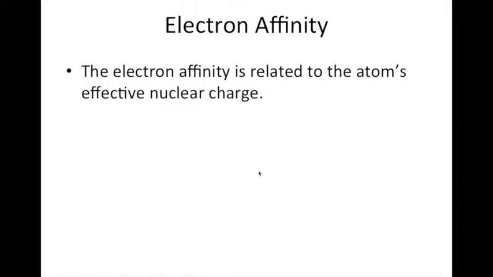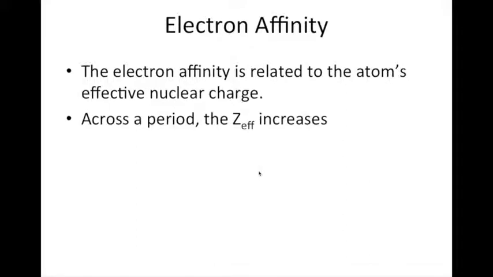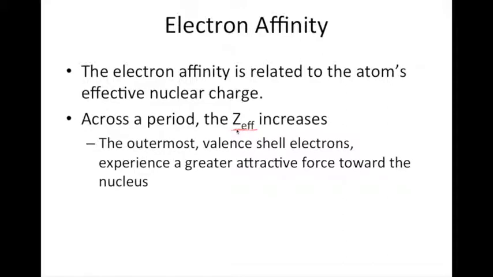So the electron affinity for an atom is related to that atom's effective nuclear charge. So as we move across a period, we know that the atom's effective nuclear charges increase. The outermost valence shell electrons experience a greater attractive force towards the nucleus.